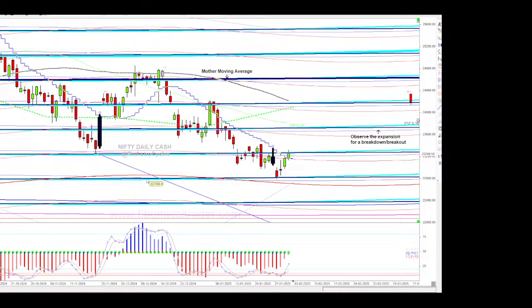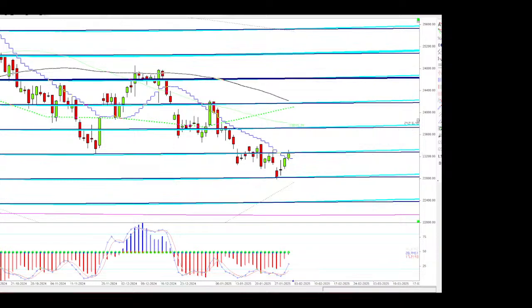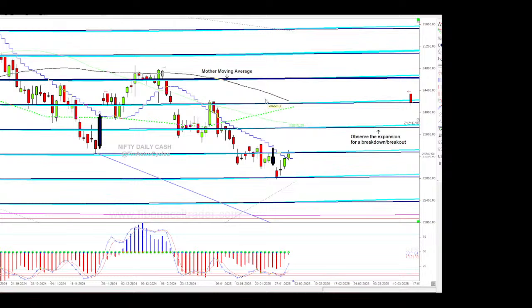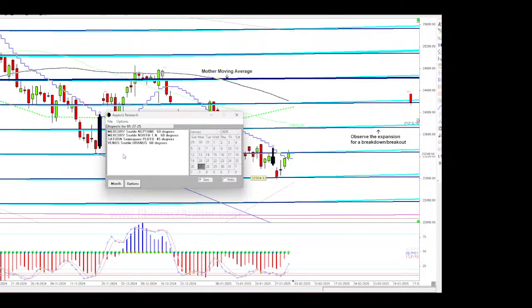Let me take off all the other lines so you can understand better. Only two lines are visible now in this whole chart. One is dark blue, which is Pluto, and light turquoise is Saturn. Exactly there, the market made a low. Now you see what the aspect was: Saturn semi-square Pluto, 45 degrees.